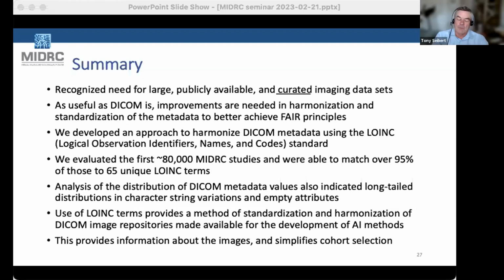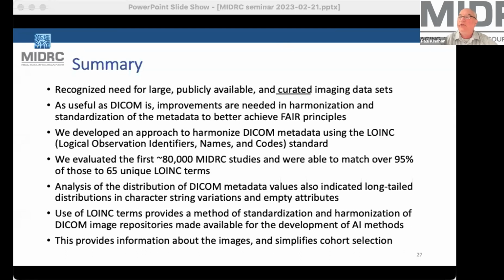Yeah. Well, thanks, Paul. And that begs a question. You have this long tail issue, and you cut off the number of instances of a specific type of study description to 10 entities. So can you still get access to those images that are in the long tail? Thanks for asking. So all the images are there.